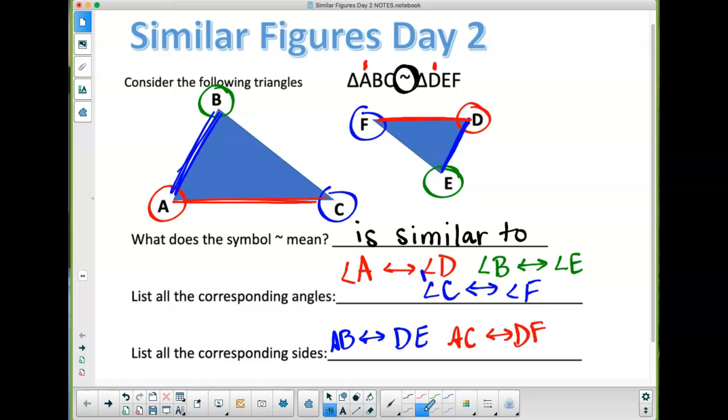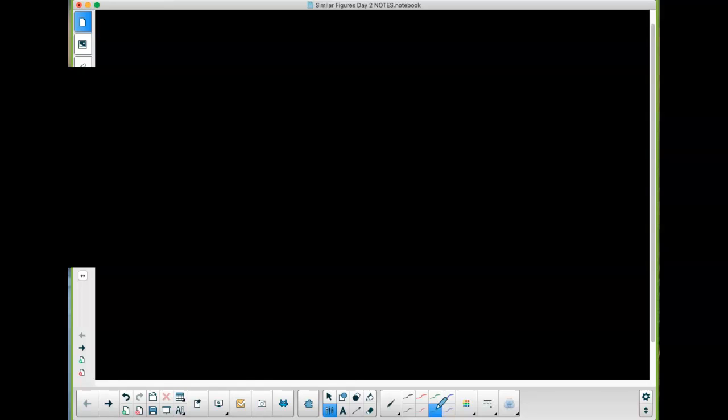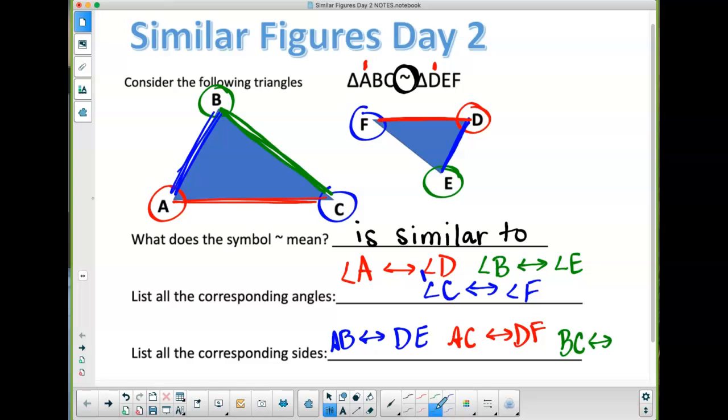And that would leave BC corresponds to, so BC, is it FE or EF? Which order do I have to put that in? If I said BC, Zachary? EF. I'd have to say EF. I have to start at the green and go to the blue. So EF.